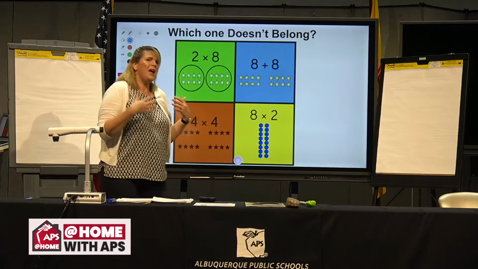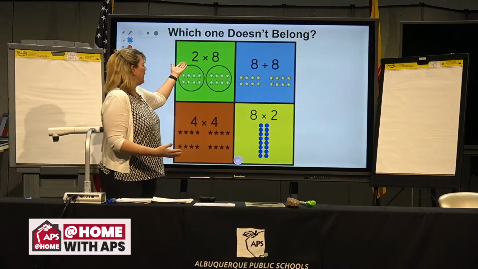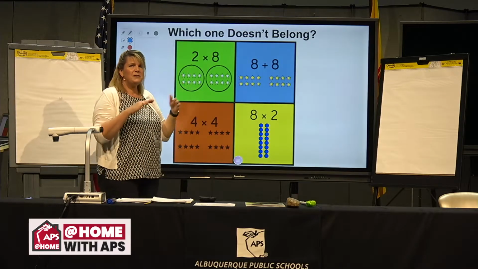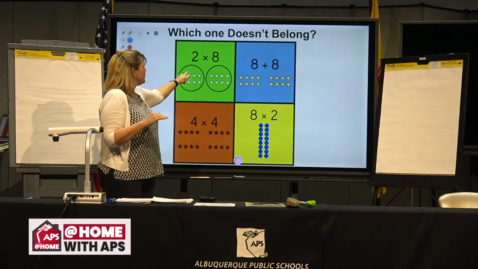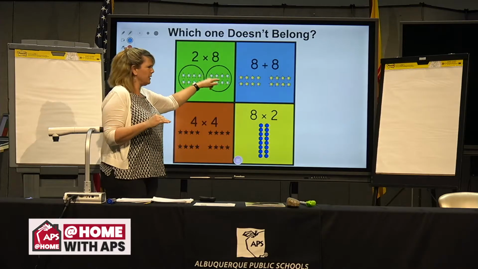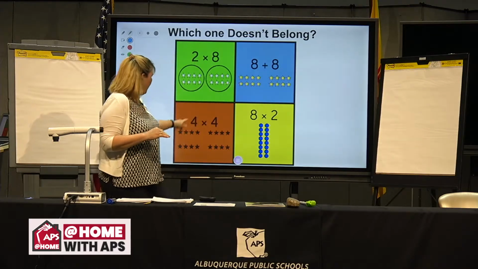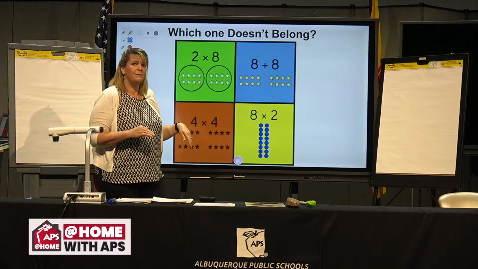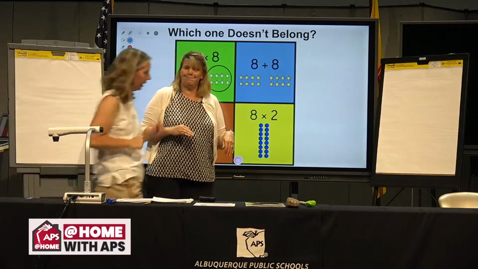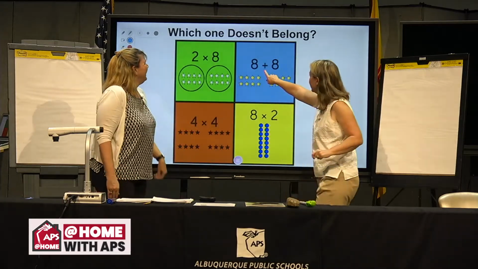All right, so if I'm just looking at this very top corner, just a very surface thing that I noticed that's different is that this box, 2 times 8, has circles around all of the different arrays that are happening. No other box has circles on there. All right, I have one. This one does not belong.